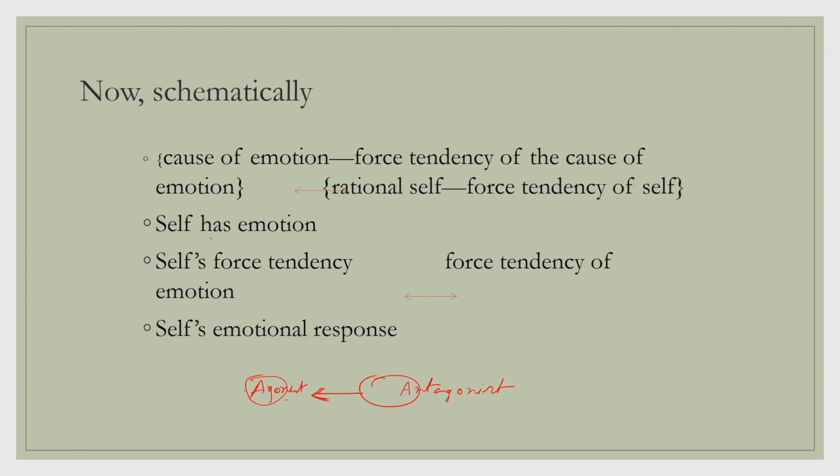So, the self has emotion, and then the rational self. So, this is the self, and its tendency is to be balanced, to be stable, but the emotion tries to imbalance you, and then there is the emotional response.